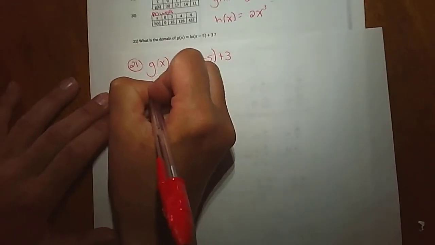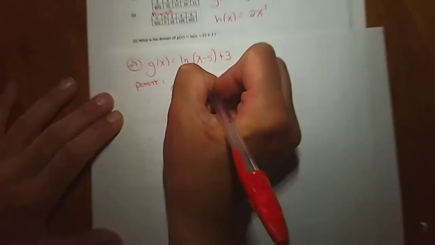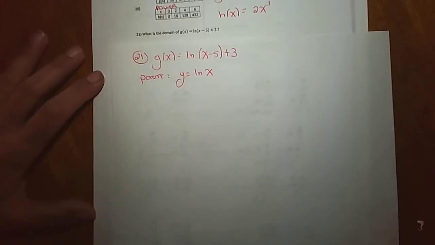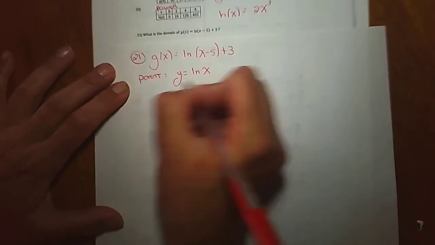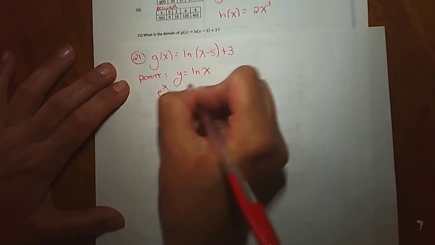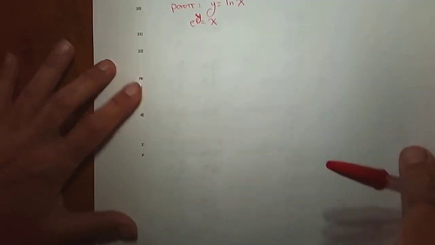So the parent function would be y equals the natural log of x. So let's talk about how we would graph that, right? If we had to graph that, what we're really going to graph is e to the y equals x, right?